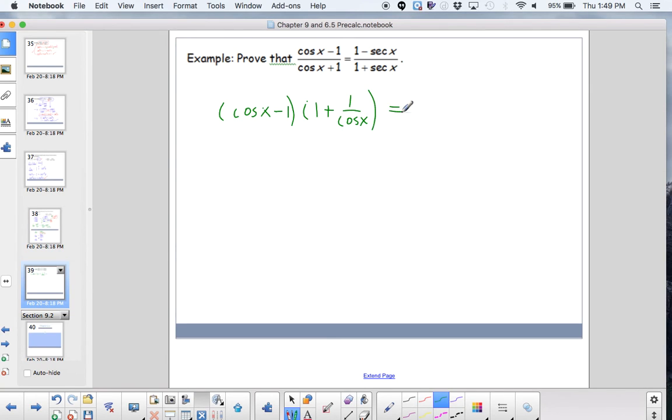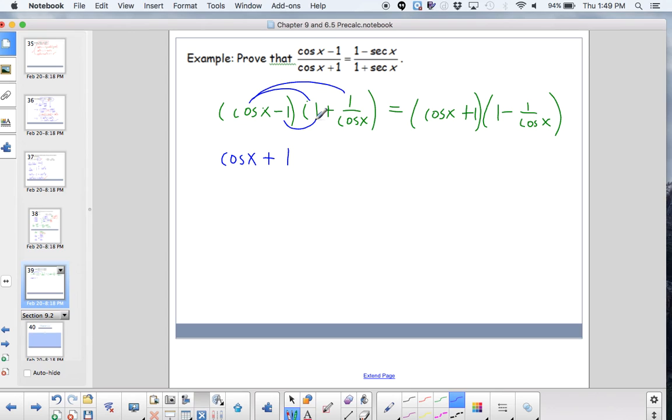Is equal to, and now I'll work from the other direction, cosine x plus 1 times 1 minus secant x, which is 1 over cosine x. Okay, and let's see if we can set these equal to each other. So I will FOIL, multiply these. That would give me cosine x plus cosine x times 1 over cosine x would give me 1.